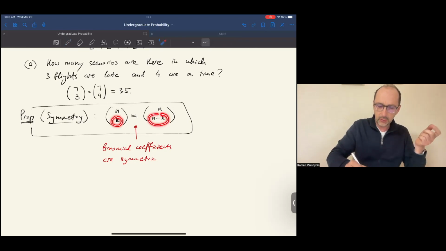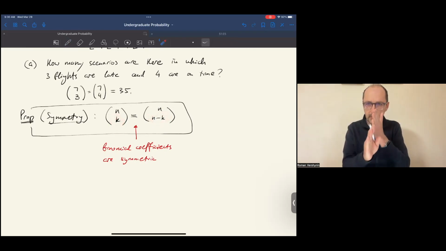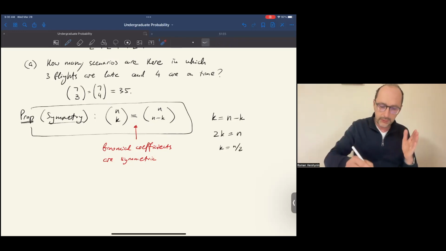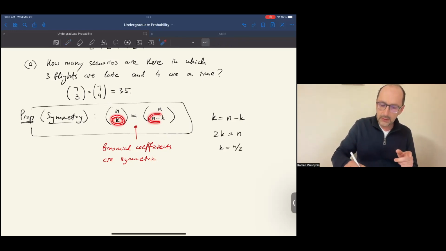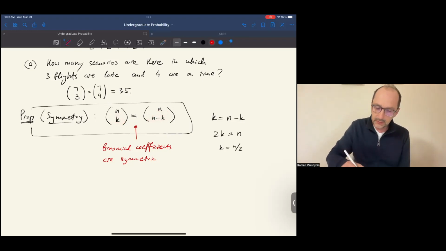Let's say k is 0. And then as I slide it, this increases and this decreases, and at some point they meet. At what point do they meet? Where k equals n minus k. That means 2k equals n. That means k equals n over 2. So for k equals n over 2, these numbers are the same. They meet. And that means that the binomial coefficients are symmetric about n over 2.